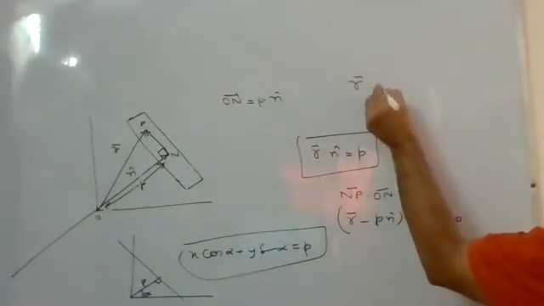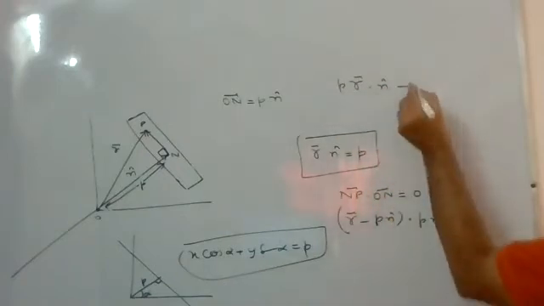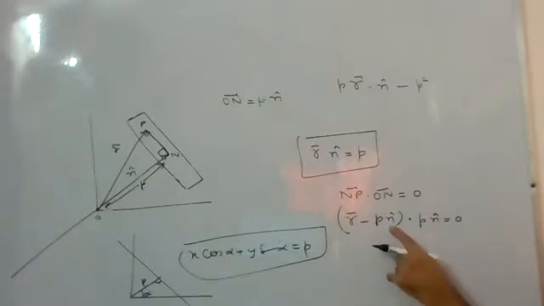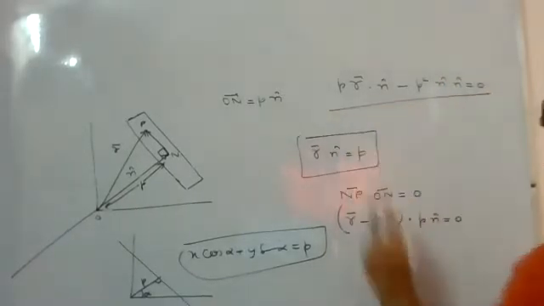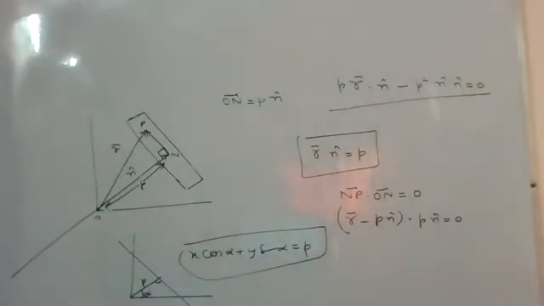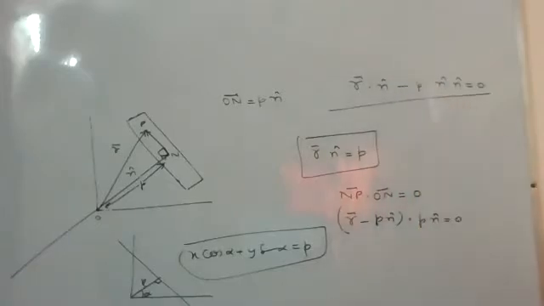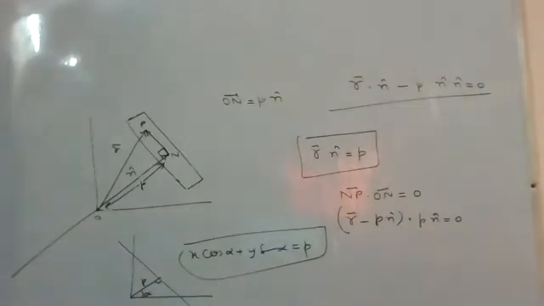R dot n cap times p will come ahead. p is a scalar, so the dot product between R and n, p we have written ahead, minus p into p, n dot n, equals 0. One p can come out common and can be removed. You are taking p common from here and that p is cancelled. And n cap dot n cap, what will it be?